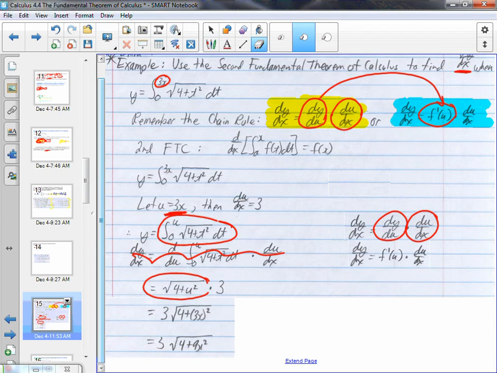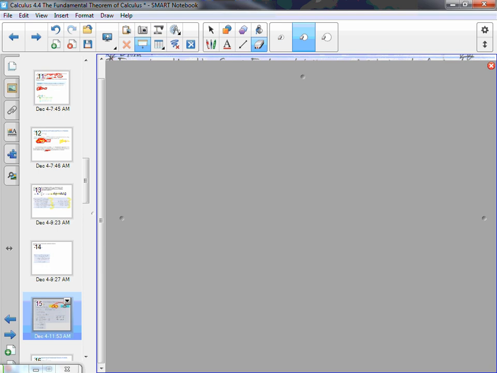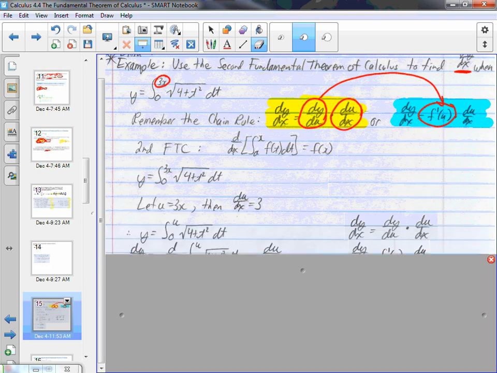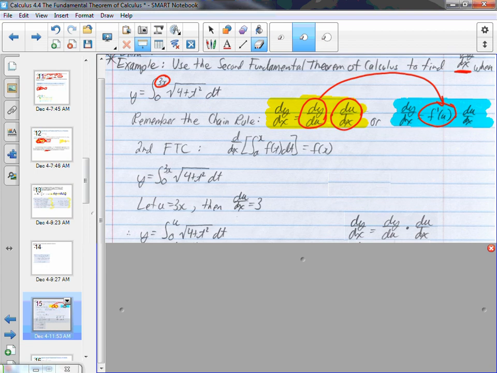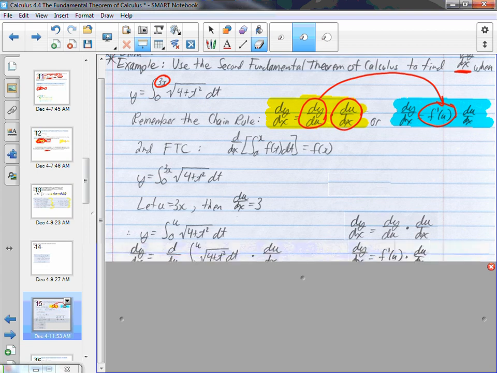All right. Let's go back up to here, and let's look at the notation I wrote out. Okay? We skipped it for a minute. I wanted to skip it, but I also want to come back to it. All right. That's our function. We've now rewritten the 3x as a u, okay? And we're supposed to take the derivative of y with respect to x. So on the left side, take the derivative of y with respect to x.